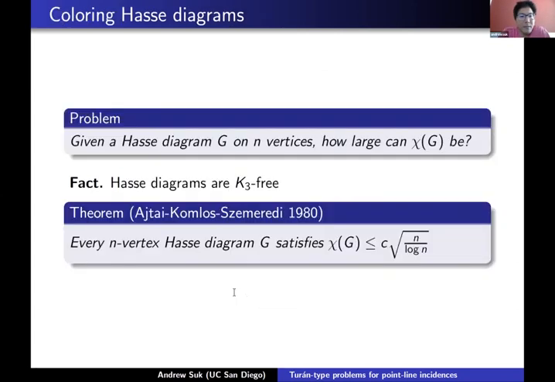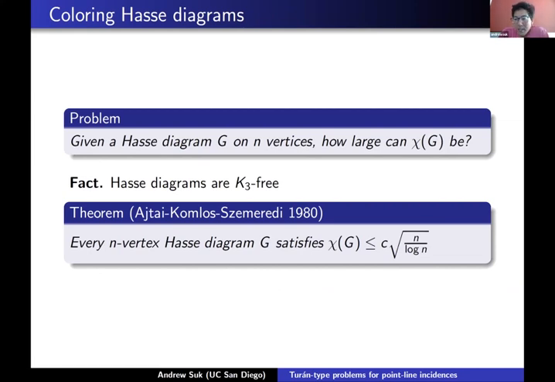And so it's an old question that if you do have a Hasse diagram, how large could its chromatic number be? So for example, is it true that the chromatic number of every Hasse diagram is at most 1,000? You can use a simple fact that I'll talk about later, which is that Hasse diagrams are triangle free.